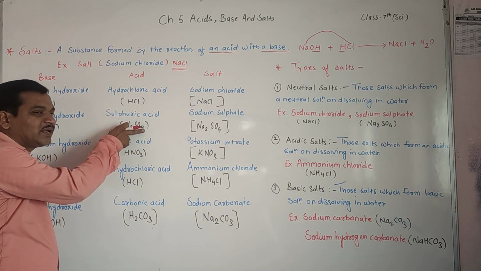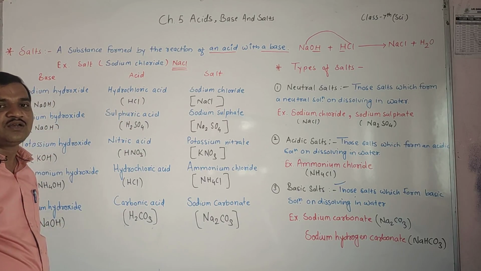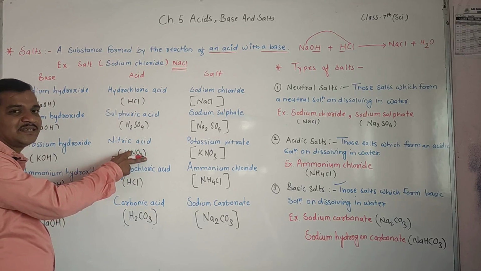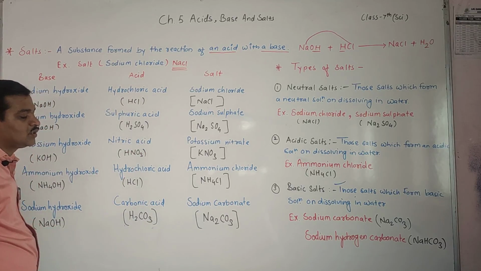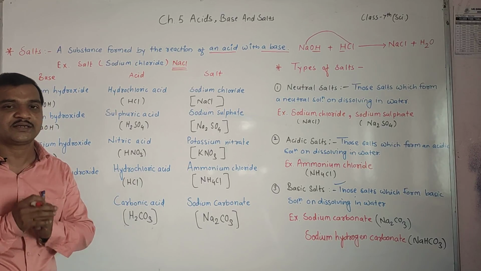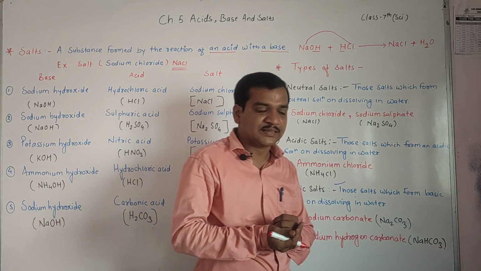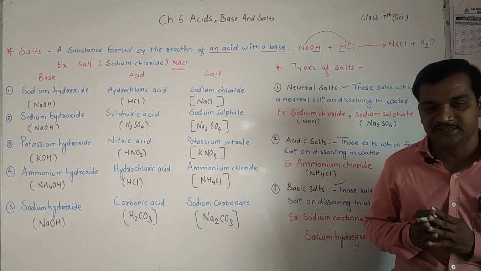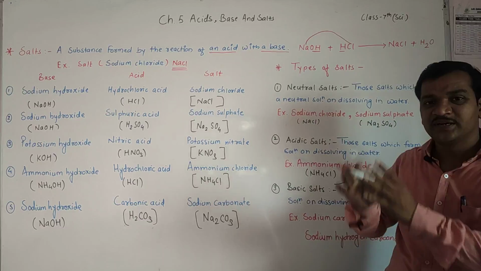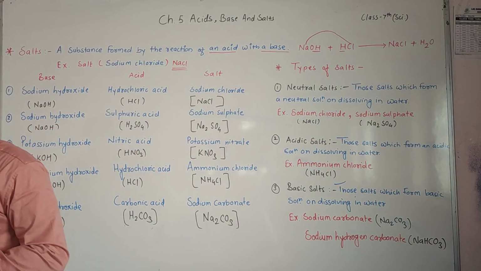Salts of sulfuric acid are called sulfates. Salts of nitric acid are called nitrates. Salts of carbonic acid are called carbonates. Salts of acetic acid are called acetates. Okay, so these are the different names you can prepare, students.